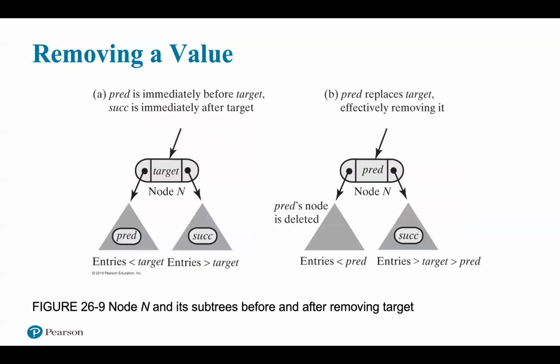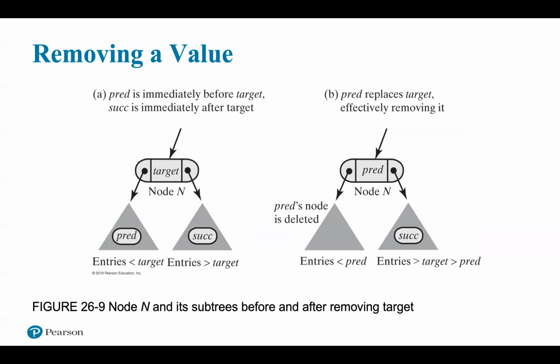It must contain an entry in the tree that legally can be in node n. We know that the entries in the tree are distinct. Let's call target the entry that we want to remove. Assume it is in node n. Since node n has two children, target is larger than the entry in n's left child and smaller than the entry in n's right child. Thus, target cannot be the smallest entry in the tree, nor can it be the largest.